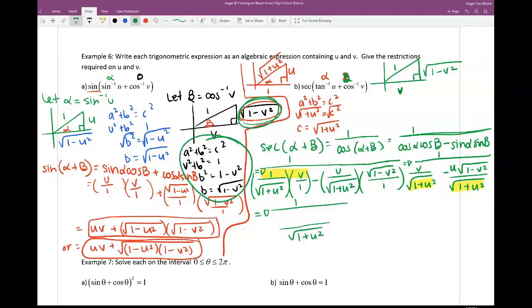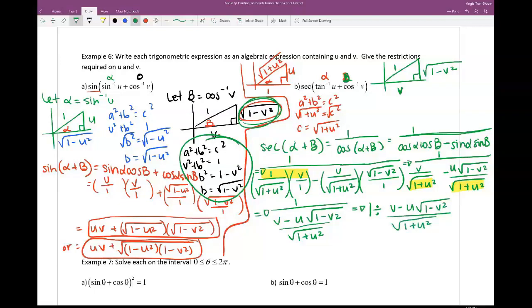Okay, so now on the top, it's just really v minus u radical 1 minus v squared. So 1 divided by anything, it's really like this. 1 divided by v minus u times the square root of 1 minus v squared, all over the square root of 1 plus u squared.